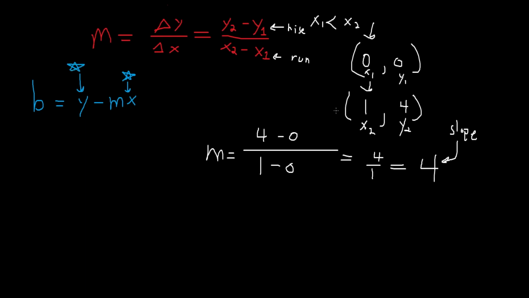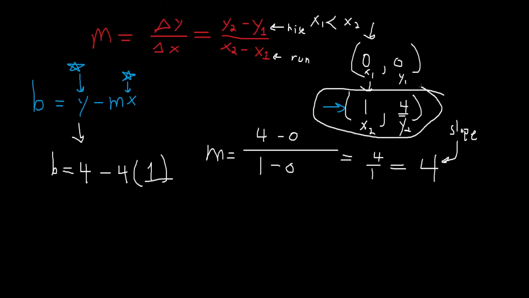So for instance, over here, the point 1, 4, we can make this work. According to our calculations thus far, we don't know what b is. We know that y is 4, because in this point the y value is 4, minus m, which also happens to be 4, multiplied by our x value. Our x value is 1 for this point.